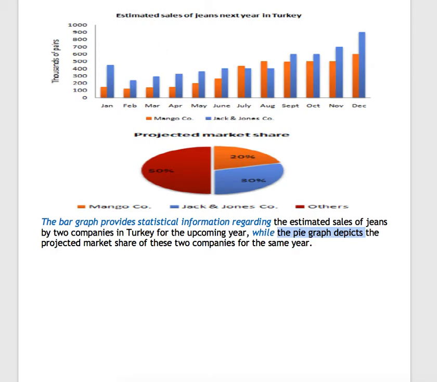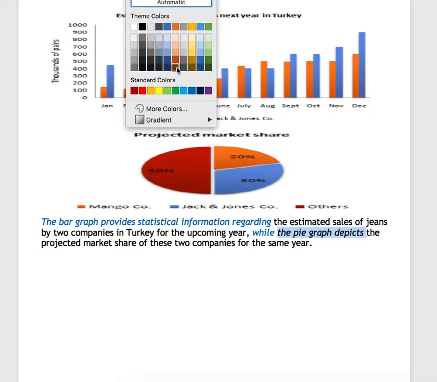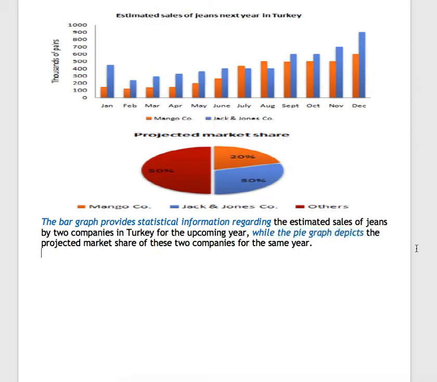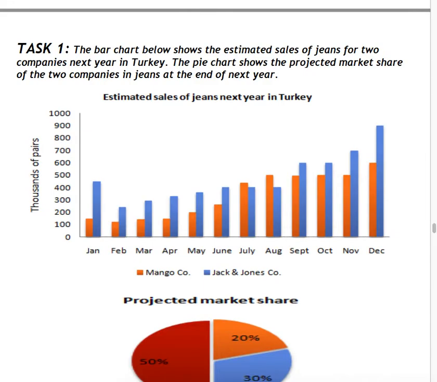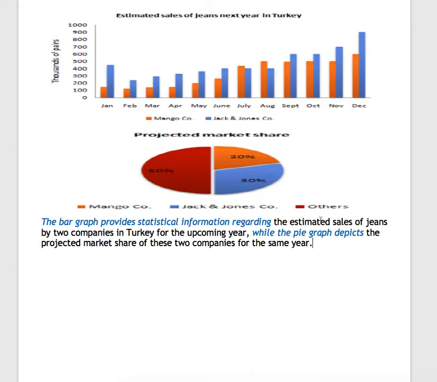I can put that there in blue as its structure. Okay, so we talked about what one said and what the other one said. We introduced it. Good. The general sentence and overview of the data indicates that. So I see that sales are increasing here.